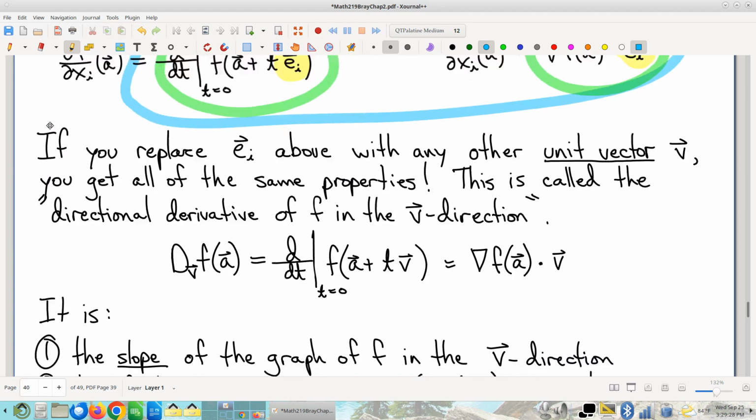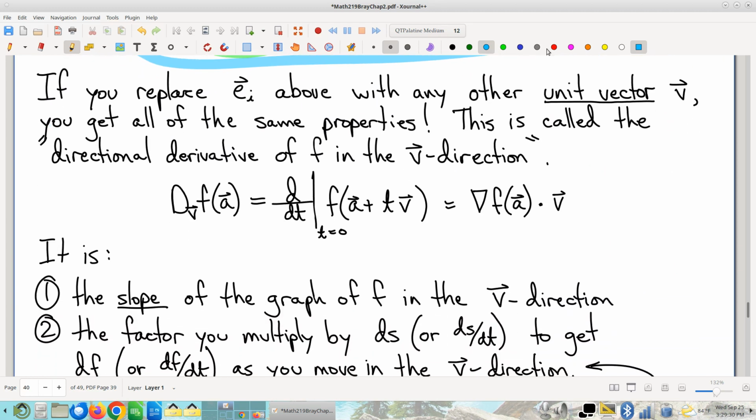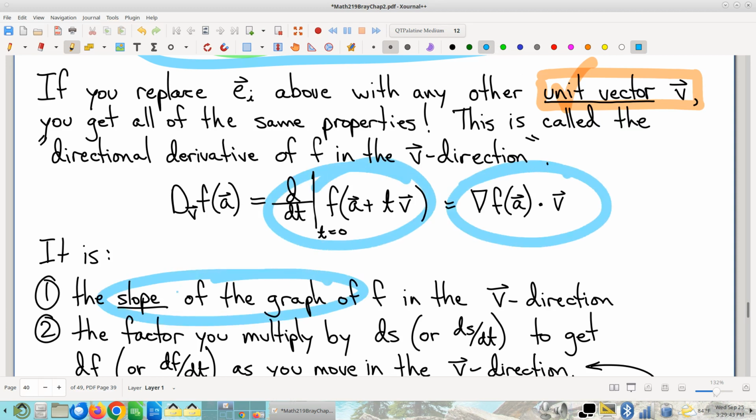And with that in mind, here's our definition. Any unit vector, whatever your unit vector might be, does have to be a unit vector. That's important. But this thing here and that thing there, and slope of the graph and multiplicative factor, these are all equal.